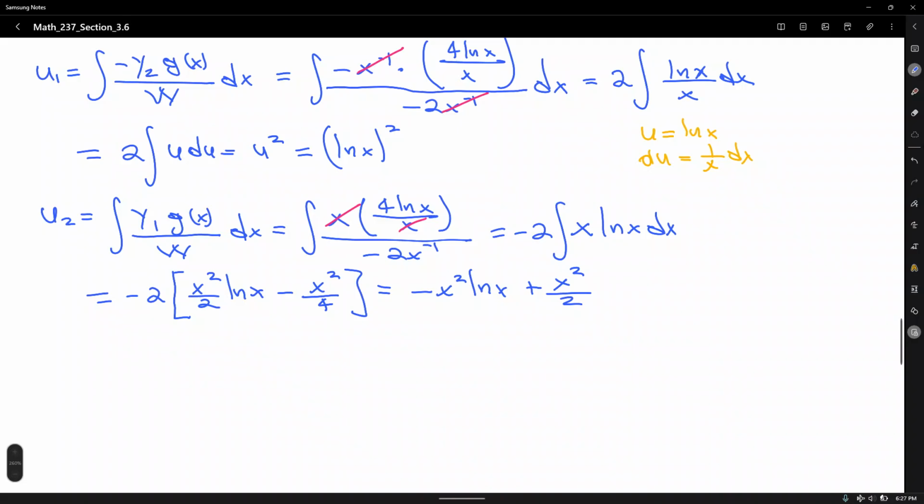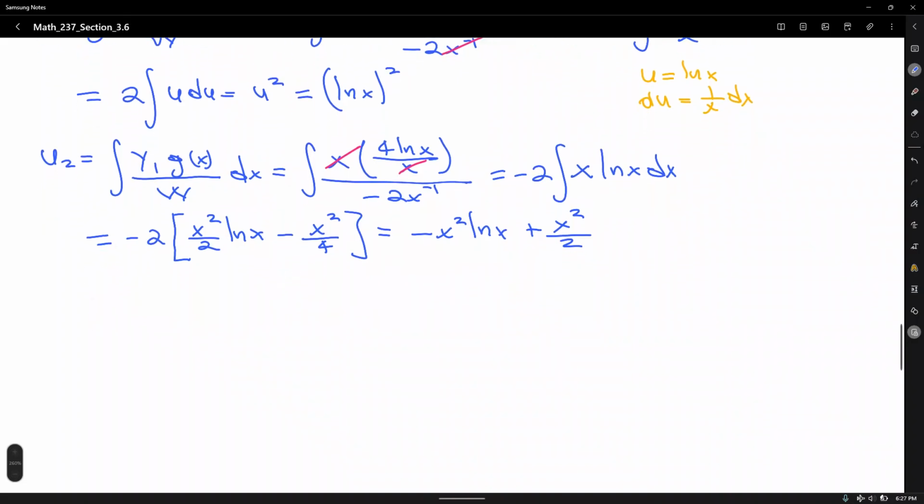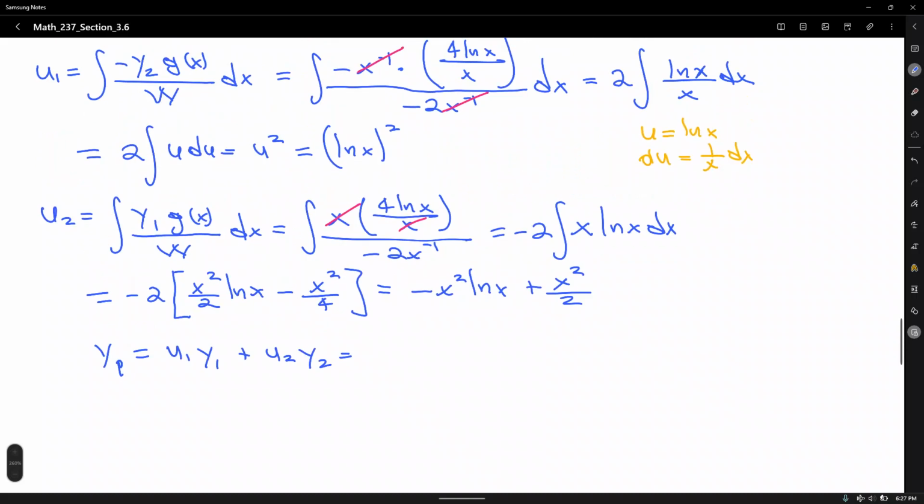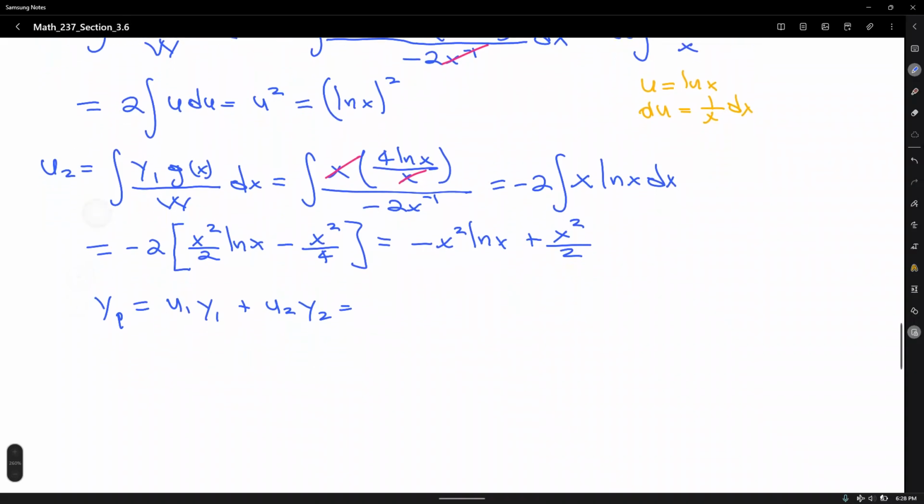Again, back when we were solving differential equations using the method of variation of parameters, the form of y sub p would be a combination of u1 y1 plus u2 y2, where u1 and u2 are the results we just found using the integrals, and y1 and y2 are the linearly independent solutions to the related homogeneous equation.